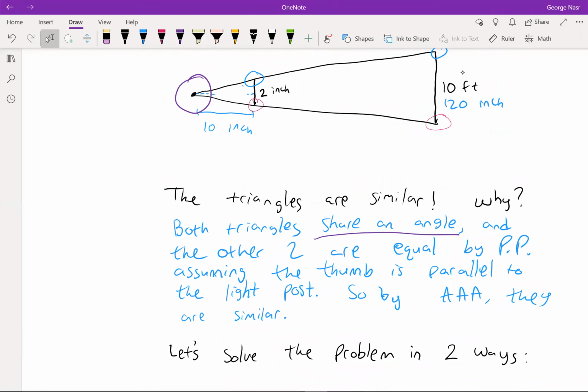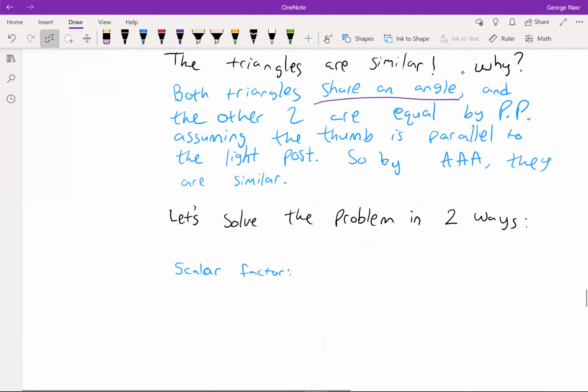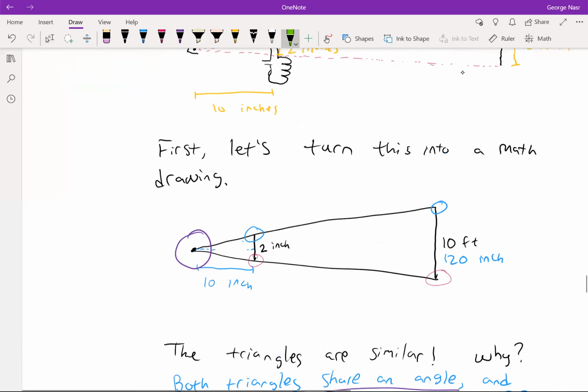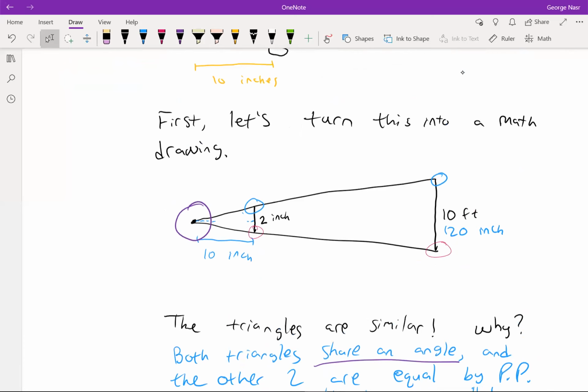How do we use similarity to do this? Well, we can do this in two different ways. Because the triangles are similar, we can use our scale factor method and our internal factor method to solve this problem. To use the scale factor method, remember the scale factor tells us how much we scaled one dimension to get the new scaled version of our object.